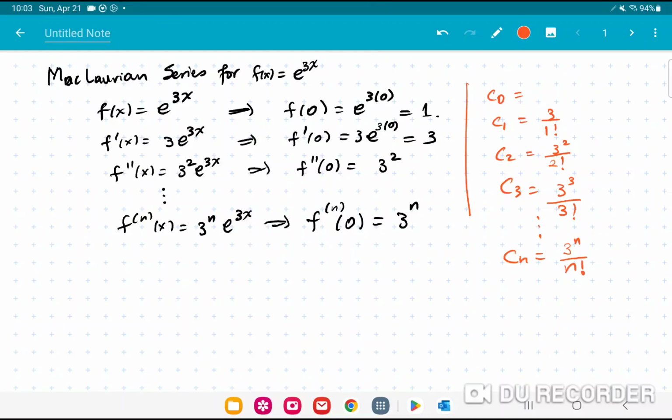So this is 1 over 0 factorial, which is 1. Okay.